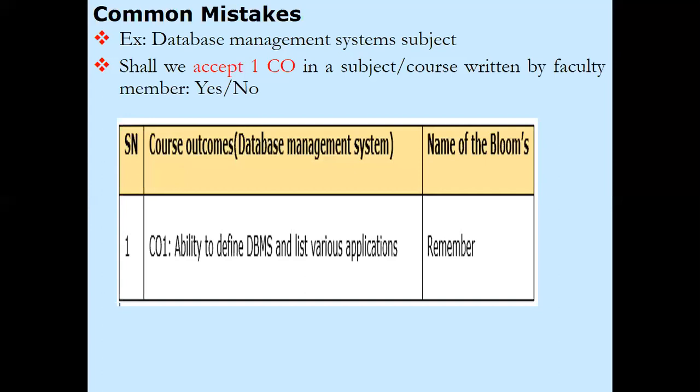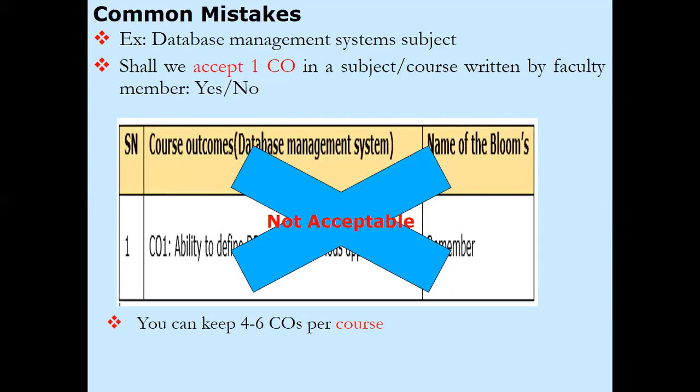No. The reason is every course requires 4 to 6 course outcomes, whether it is a lab course, project work, seminar, or even an internship. As long as you treat it as a course, in the sense of a subject, it requires 4 to 6 course outcomes.